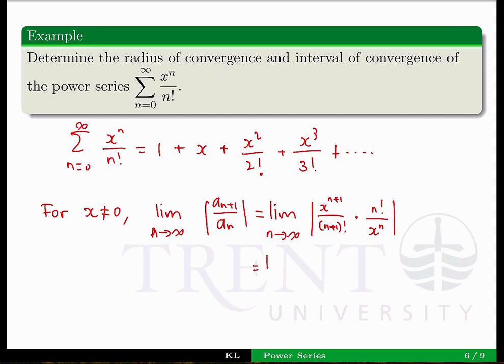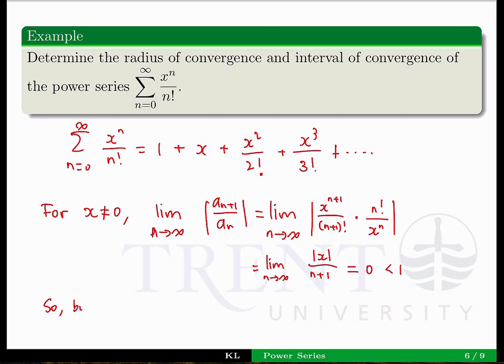This simplifies to the limit as n approaches infinity of the absolute value of x divided by n plus 1. And the limit here is equal to 0, which is always less than 1.